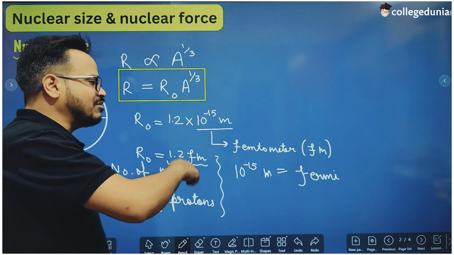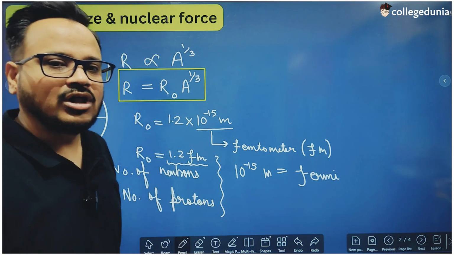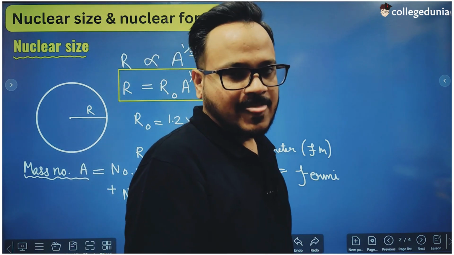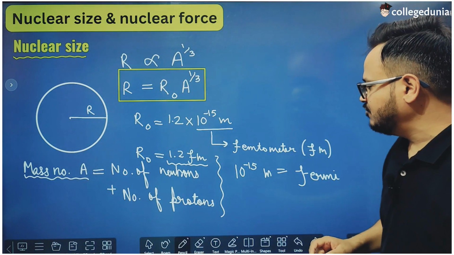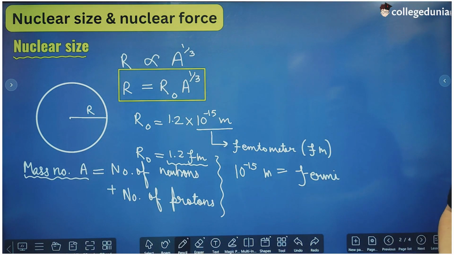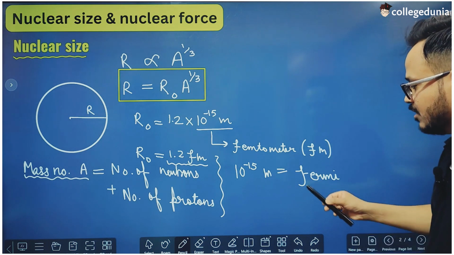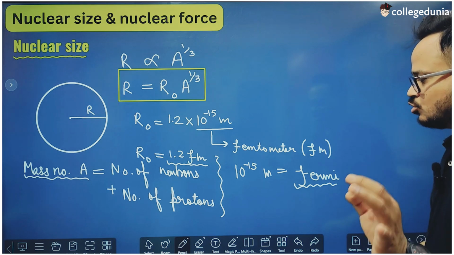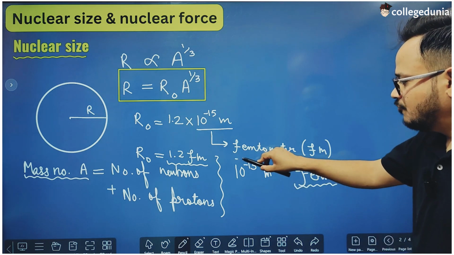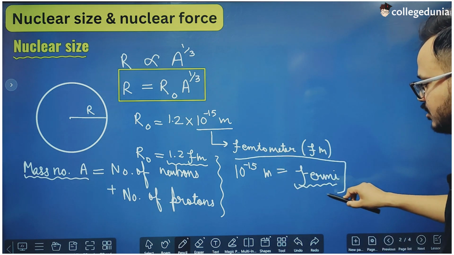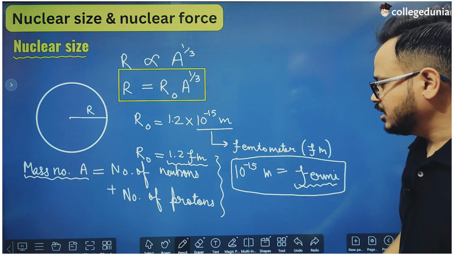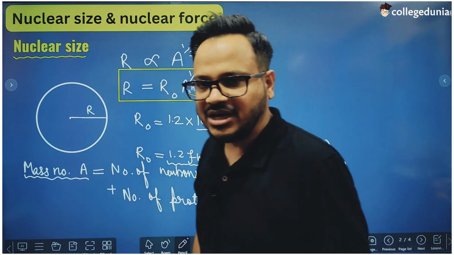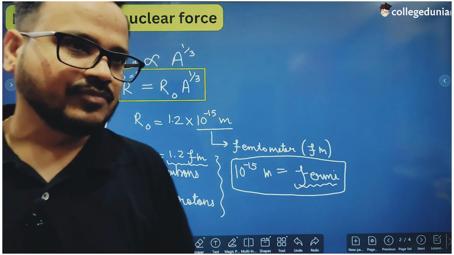If it is 10 raised to power minus 15 joule, we can call that femtojoule. So femto is a general prefix used for 10 raised to power minus 15. But when we use the word Fermi, that means 10 raised to power minus 15 meter. Fermi cannot be used for other units. It is used only for the meter.